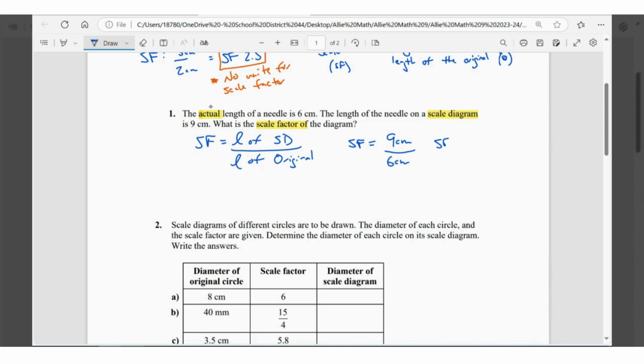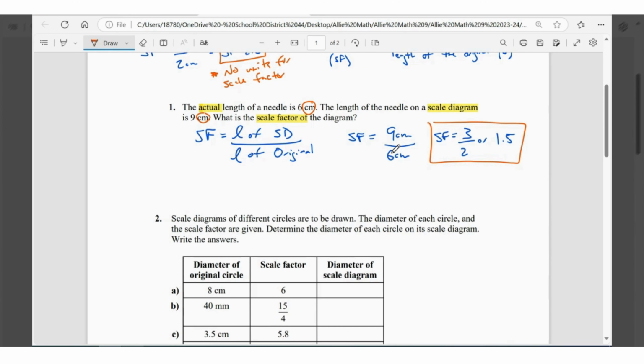So our scale factor would be 9 divided by 6. You could reduce this if you want. 3 goes into each of these. We'd have 3 over 2 or 1.5. And remember, we should have checked: this is centimeters, this is centimeters. Our scale factor doesn't use the units. So that's it for our scale factor.